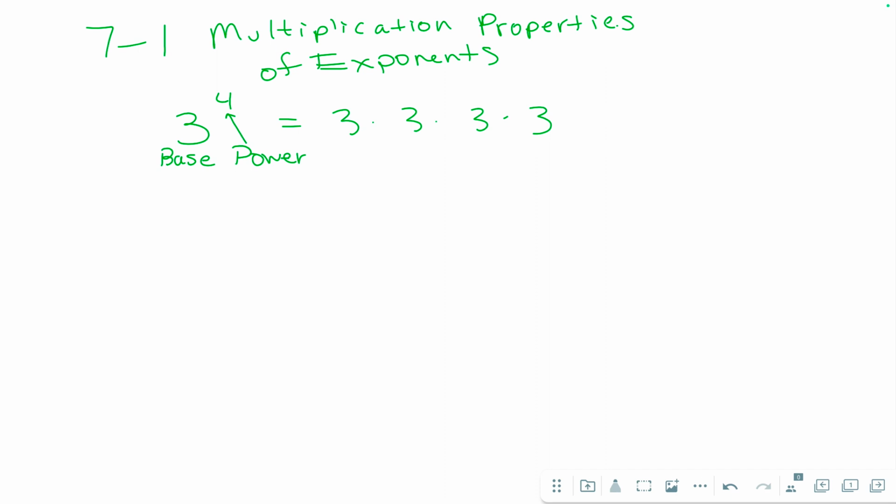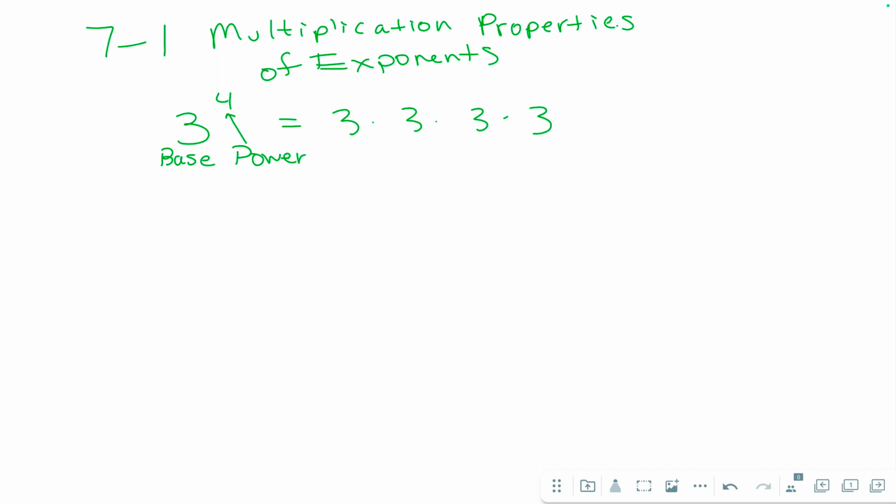Because if we understand how exponents work and simplifying, we could do every example and I would not have to give you each property. So there are going to be three different cases that we're going to be looking at today.